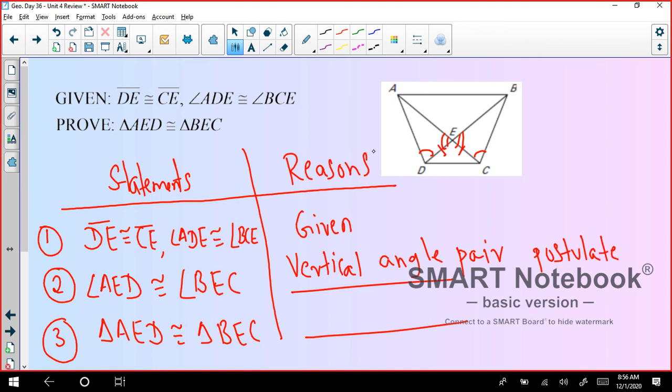And you have these two triangles congruent by ASA triangle congruency postulate. Let's see the next slide.